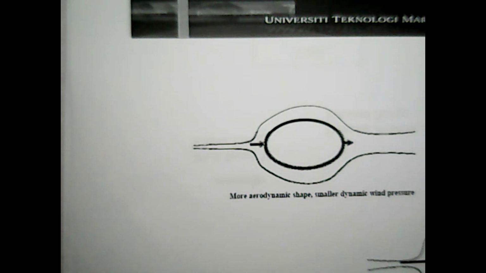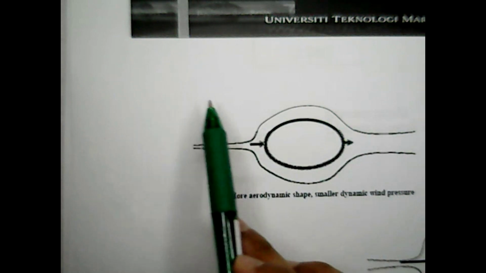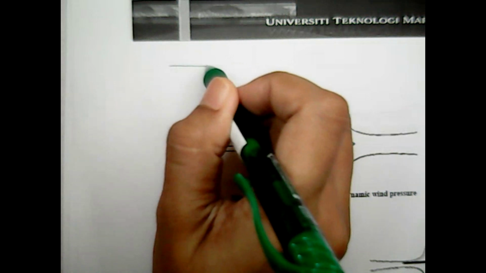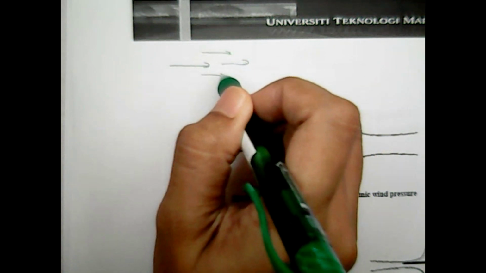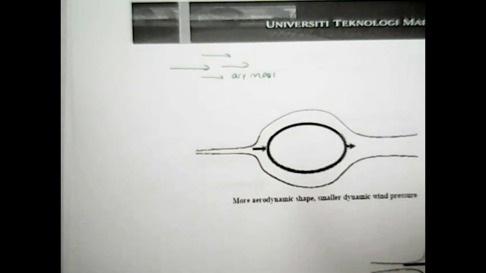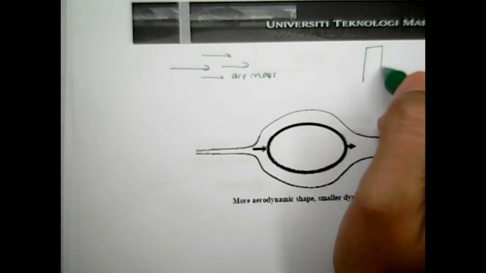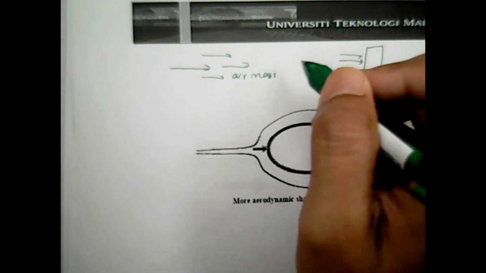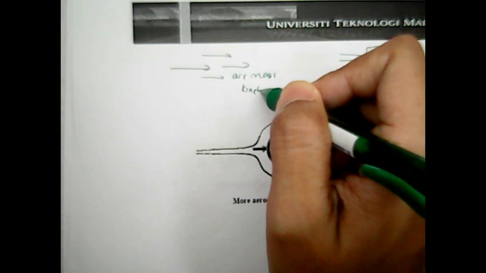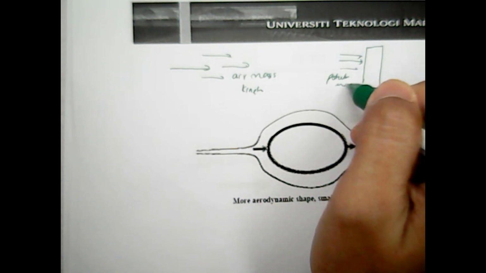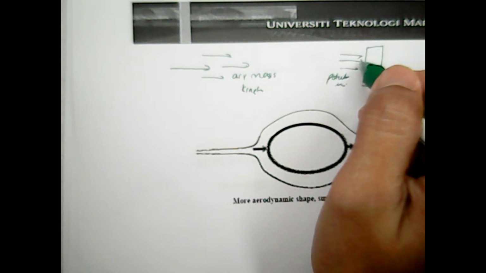Just to let you know that earlier we said that the movement of wind will change. When wind is moving, it is carrying air mass, and when it hits a wall of the building, the air mass, which is initially kinetic energy, will turn into potential energy.